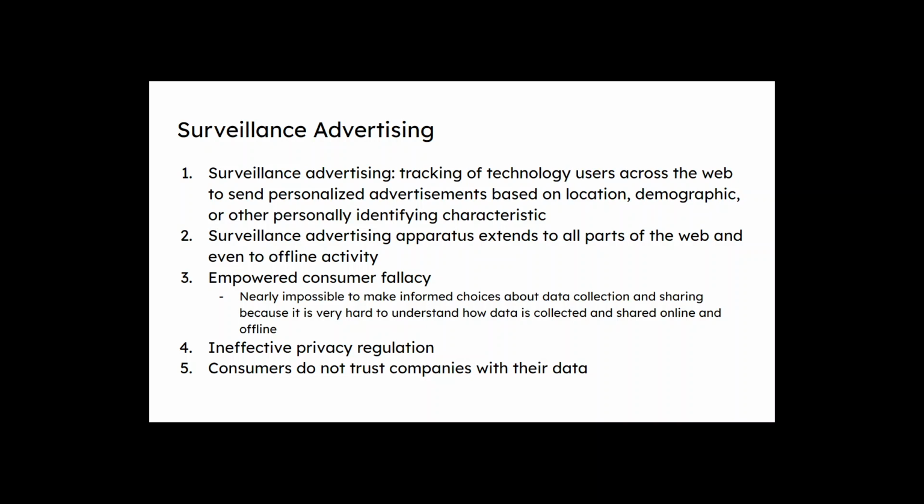Since most consumers don't trust companies with their data, you would expect stronger protections, but the main argument from the advertising industry is that consumers are very empowered and knowledgeable and know how to decide how their data should be shared. In reality that isn't true. If consumers really had more control over how their data is shared and collected, and how personalized ads are sent to them, they would probably make different choices because they don't trust companies with their data.